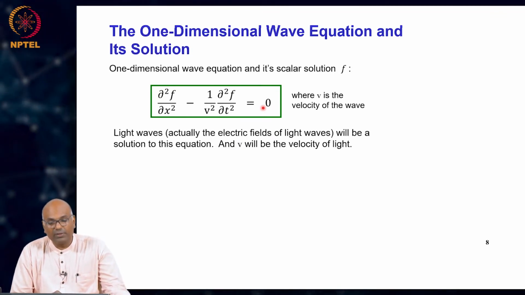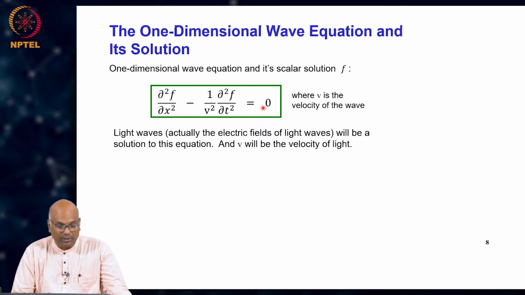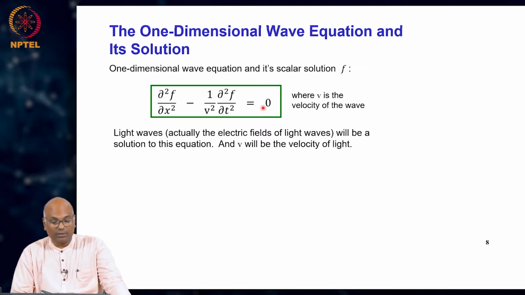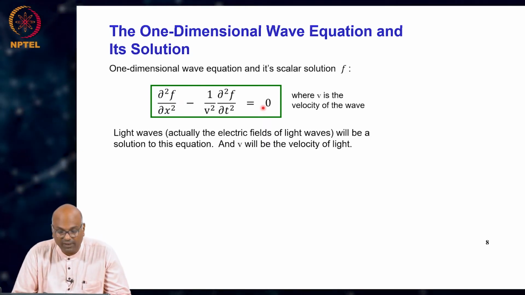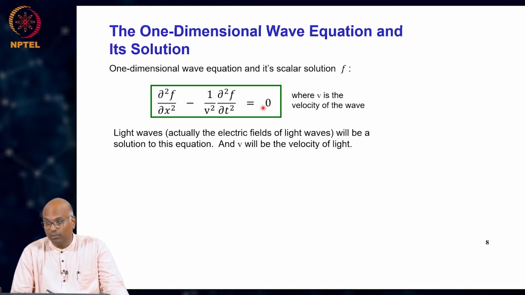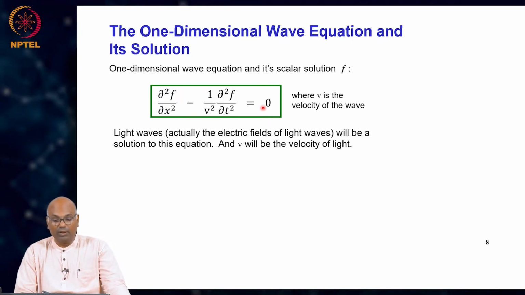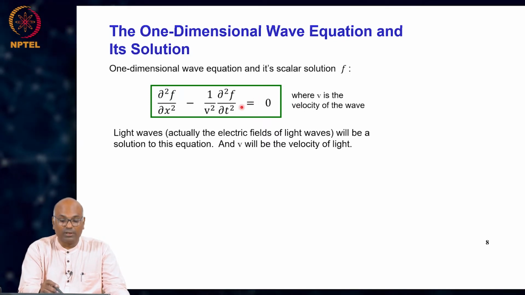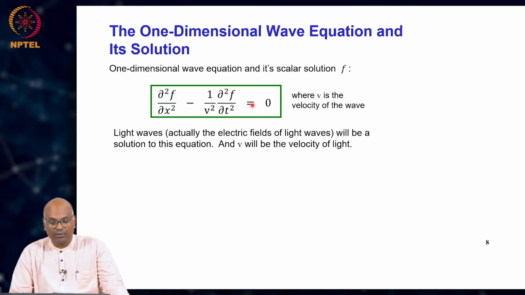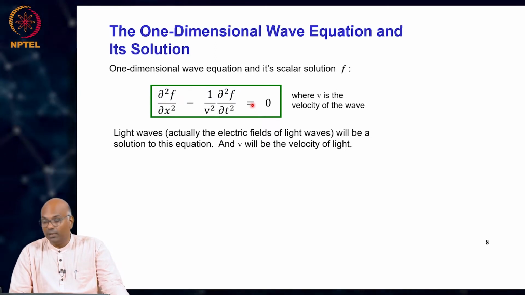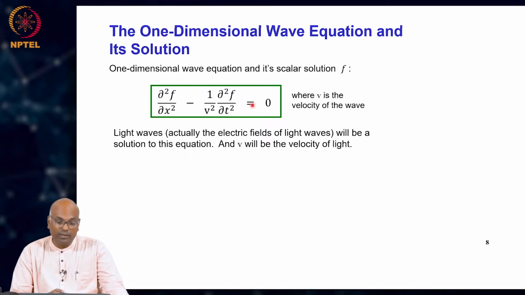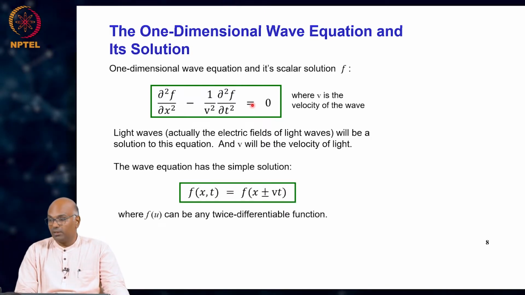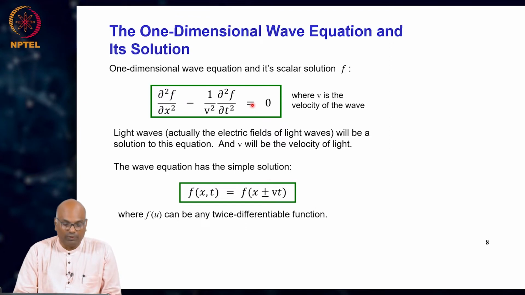Light waves, which are actually electromagnetic waves, and for the most part, as we saw in the previous lecture, we will be talking about the electric fields of this wave, although the magnetic field is just as important, is also a solution in one dimension to a similar wave equation, where v should then be the velocity of light in the medium in which the wave is propagating. It is actually the scalar component of the vectorial velocity.